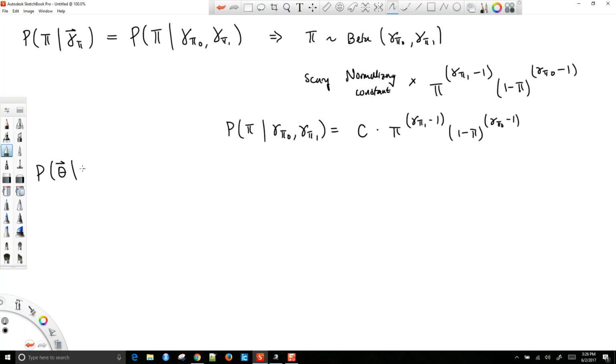This comes from the Dirichlet parameter here, and this ends up being proportional to a Dirichlet distribution, which is the product from i equals 1 to V, the number of words that we have, of theta sub i raised to the gamma theta i minus 1.